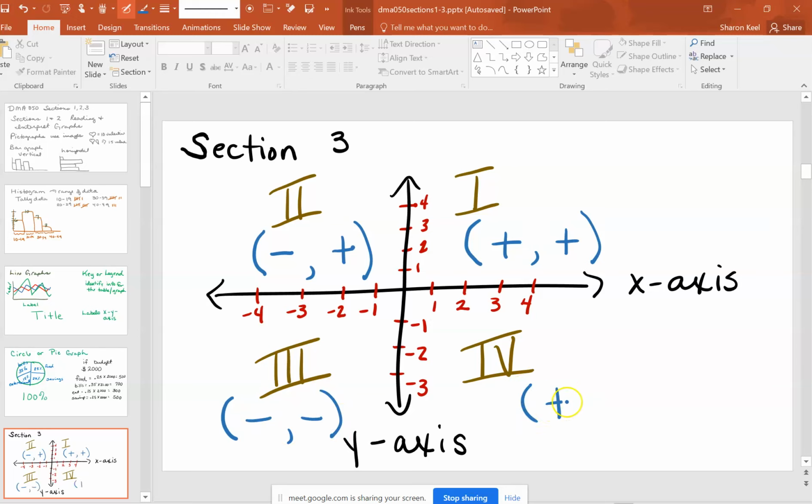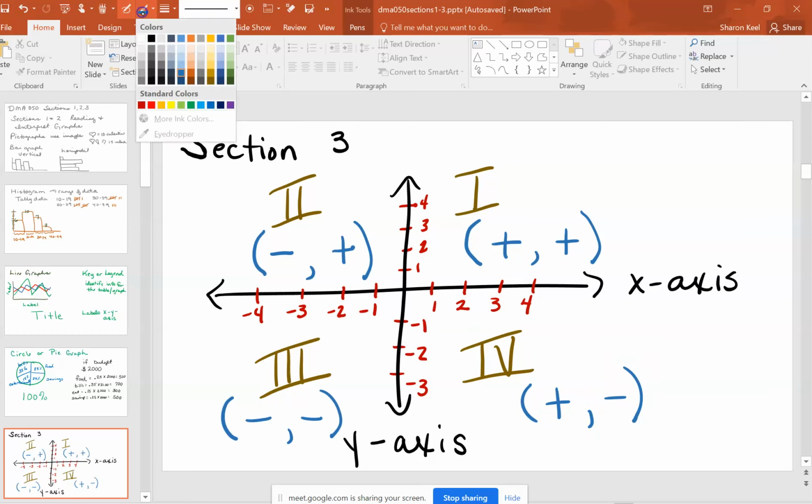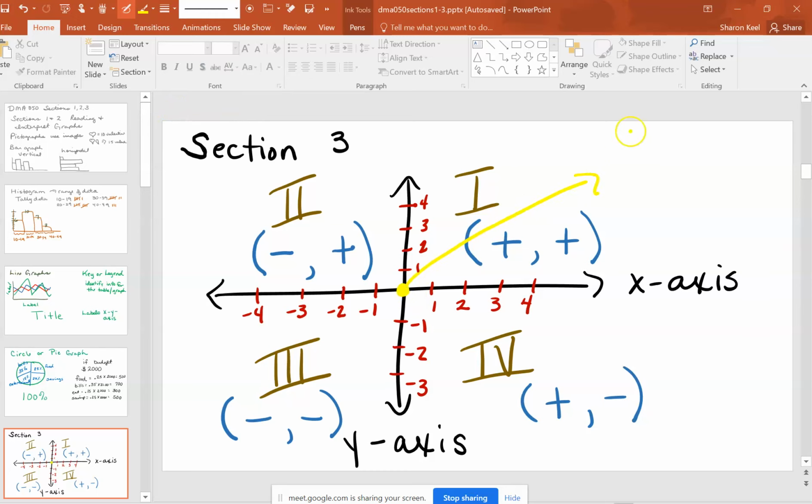In quadrant 4, the x is positive and the y is negative. There is a special point here, the very center where the lines intersect, that ordered pair would be 0, 0. That has a special name called the point of origin.